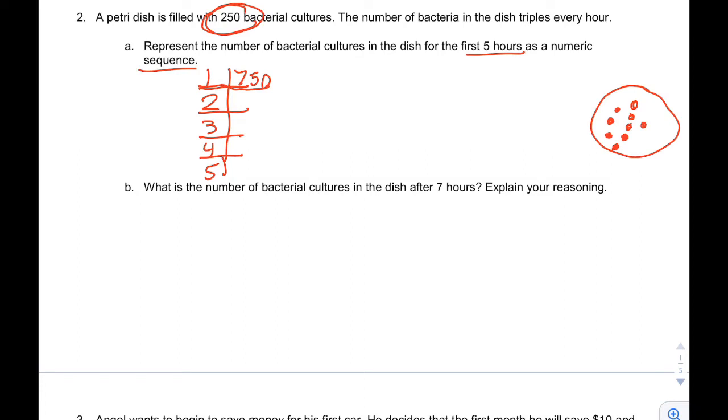Now, to get each value after this, it's just straight up multiplied by 3. Because the problem said that it was tripling, so 750 times 3, 2,250. Now, again, I just multiplied by 3 here. Now, keep going with this pattern. Now, I'm using a calculator here. Don't be scared of asking for a calculator.